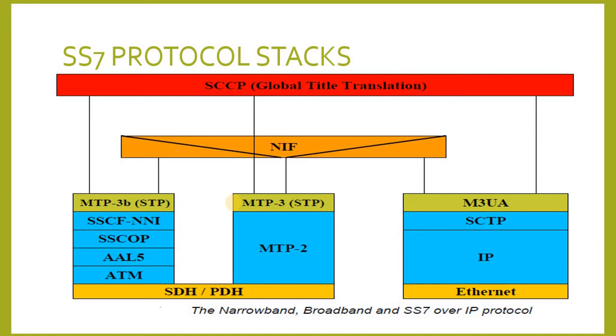MTP layer 3 provides us a mechanism to route an SS7 message throughout the SS7 network. This includes access to the higher layers above MTP3, i.e. SCTP, IPSP, etc. For broadband SS7 the replacement for MTP2 is the SSNM process, which includes AAL5, SSCOP and SSCF.